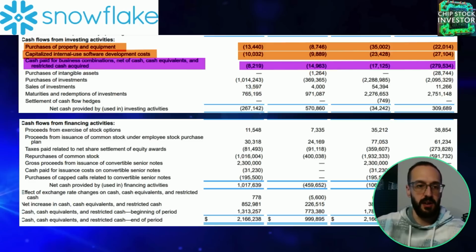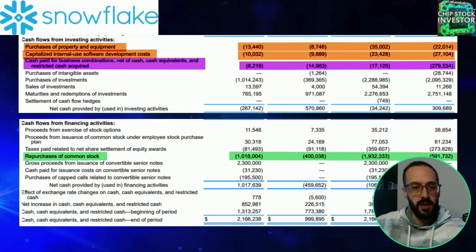The second box there on the bottom. This is the third part of the cash flow statement and important for Snowflake as it manages the bigger part of the equation, and that is the hiring of new employees that know how to work with accelerated computing infrastructure. To offset stock-based compensation to those employees, they had that big over $1 billion worth of stock repurchases in Q3 fiscal 2025 alone.